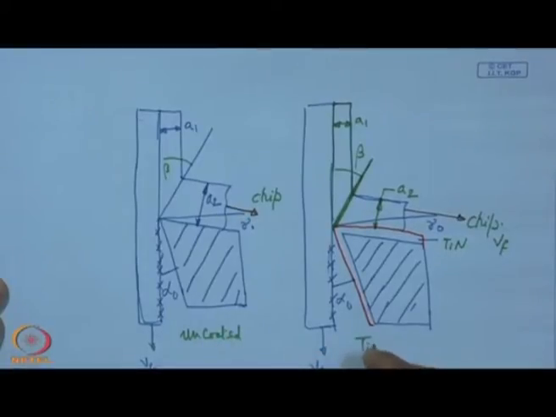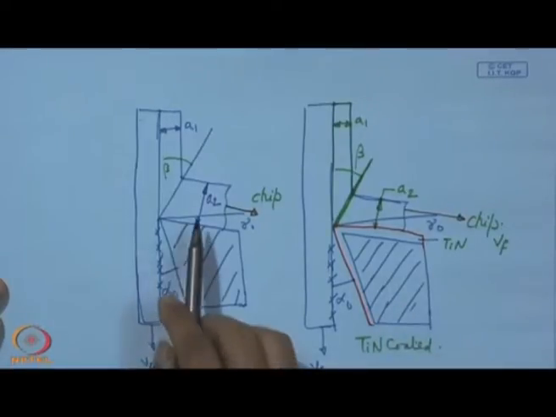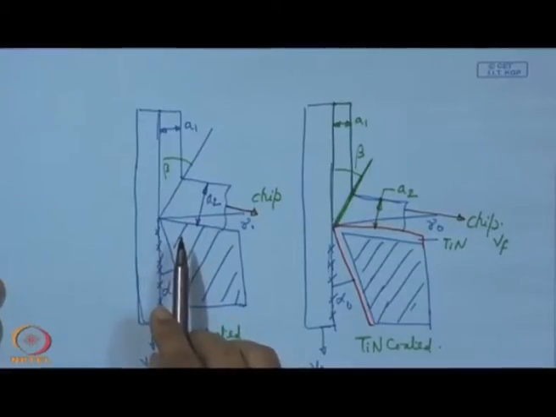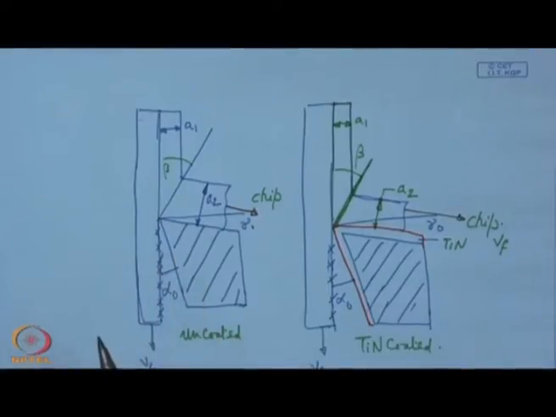What would be most interesting is that for the uncoated tool and this TiN coated tool, what is the advantage of this coating? The advantage we can find immediately here, what we have written as chip thickness and chip reduction coefficient.